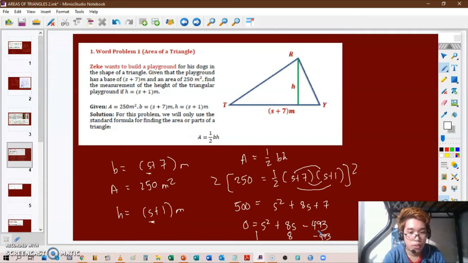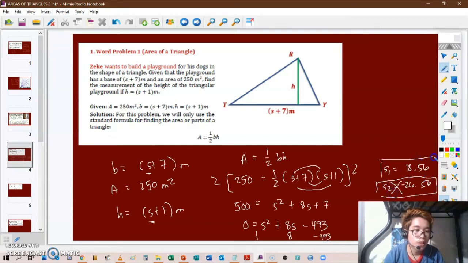That gives us the first root, s sub 1, equal to 18.56, and s sub 2 equal to negative 26.56. Since we cannot take a negative value, we cannot use this one.